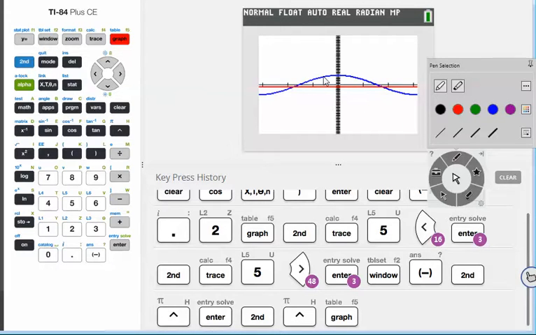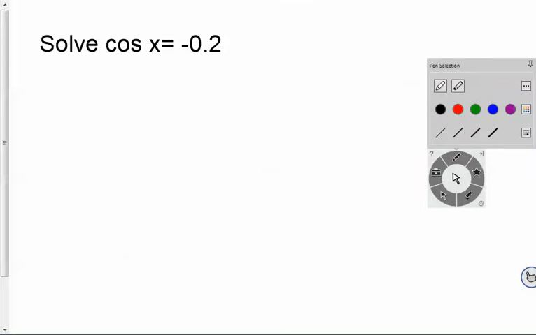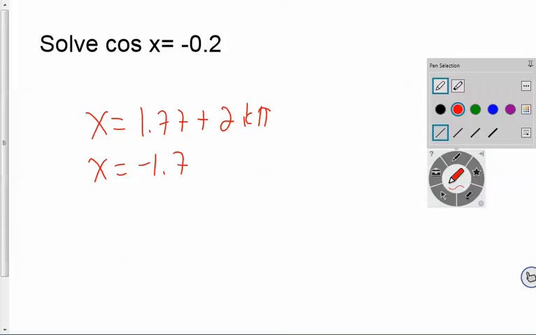And what I do know about cosine is that it's symmetric, so this one's also the negative of it. So what are my two answers? My two answers are x equals 1.77 plus 2k pi, and I'm also going to do the negative one because it's symmetric: negative 1.77 plus 2k pi.